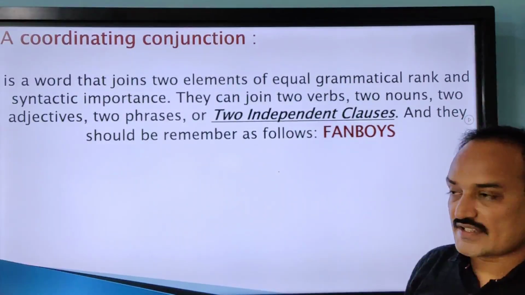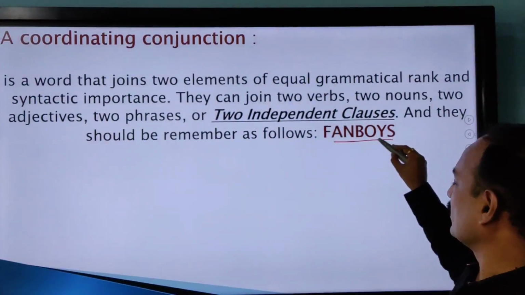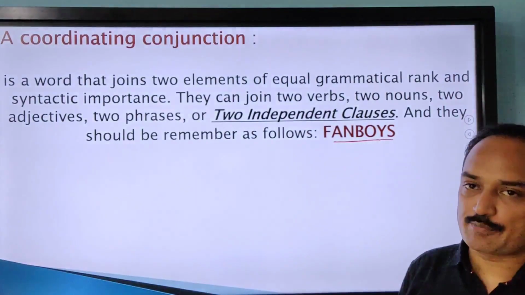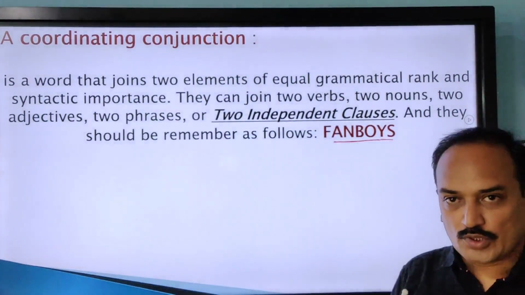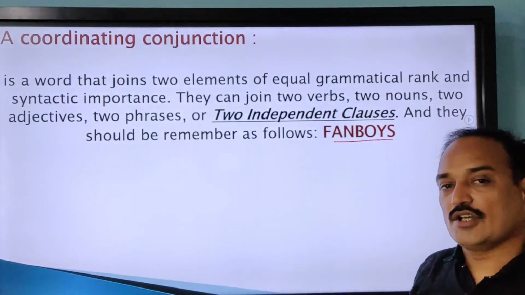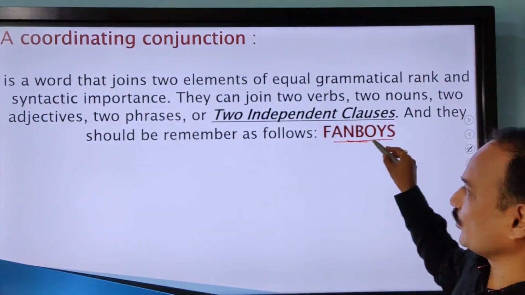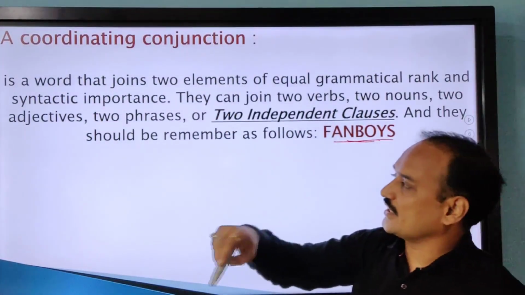For better understanding, this simple formula should be kept in mind. That will help you remember which conjunctions carry independent clauses with them. For that, this is important. What is the meaning of a coordinating conjunction?